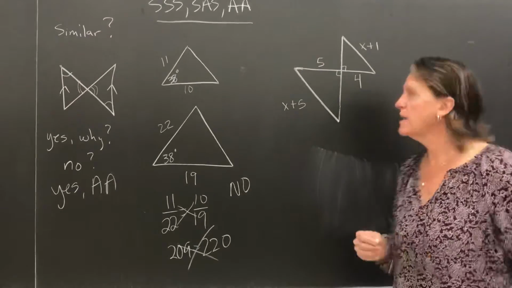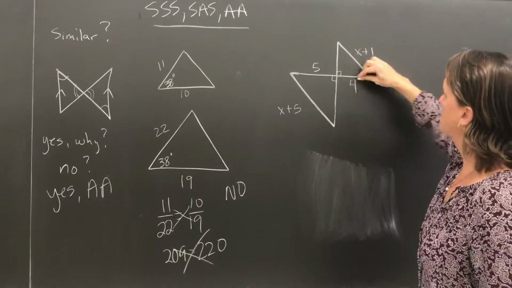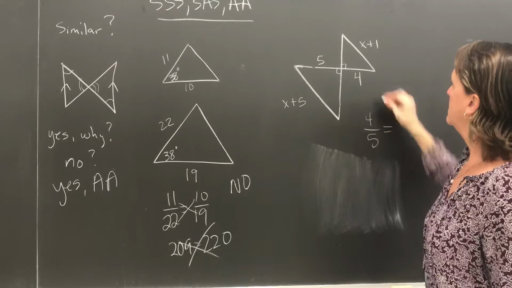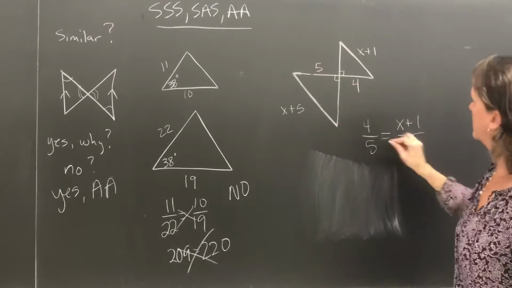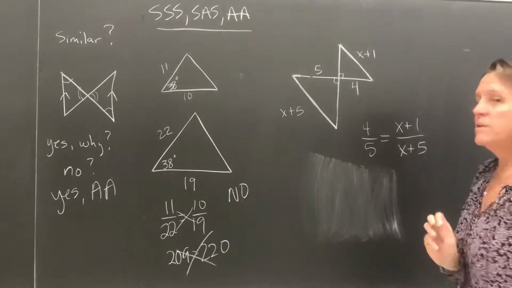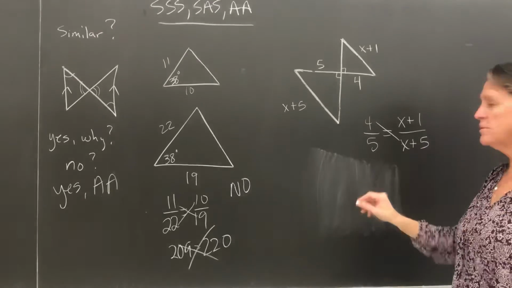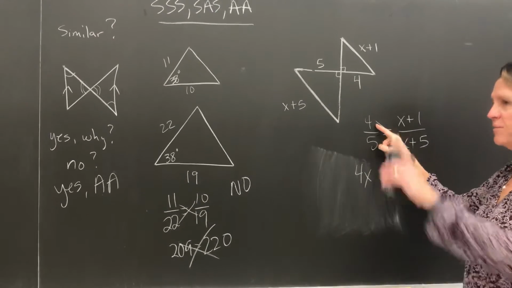All right, the last one, we did this yesterday. We're comparing sides again. So I look at this, I know they're similar, so I'm going to start the little triangle over the big triangle equals the little side here over the big side here. So we did a whole worksheet on setting these up. Cross multiply. When you cross multiply, you must distribute. So the 4 goes to the X and the 4 goes to the 5.